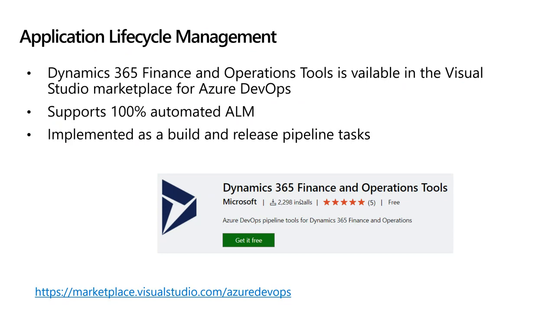During the build phase, the build VM will take the source code out of DevOps, build it, create a deployable package, which can be put into the LCS shared asset library. And during the deploy phase, the deployable package can be installed on a sandbox or UAT environment, tested. Once its testing is complete, it can be marked as a release candidate and installed on production.